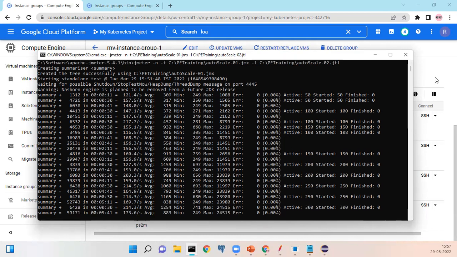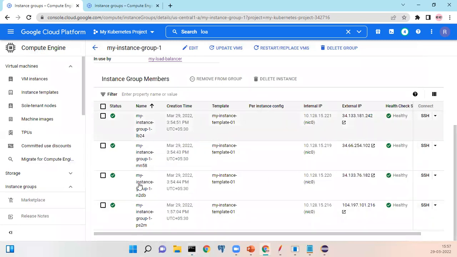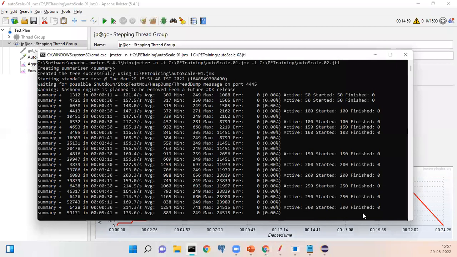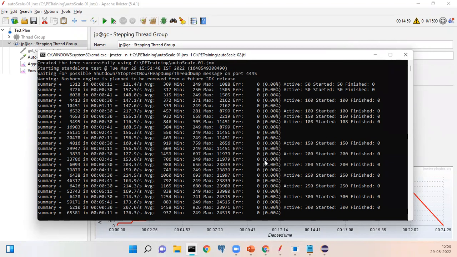When we went back to the GCP console, we could see that GCP created a few other instances so that all the load we were generating was accommodated by these three instances, because our load was incremental and continuously generating. Even at this point of time, we have 300 users. So this is the case that we wanted to replicate in today's session.